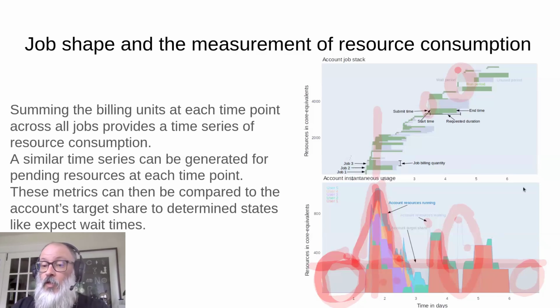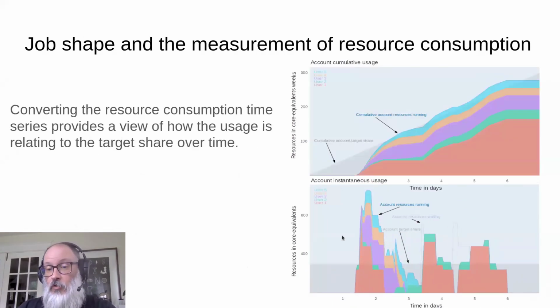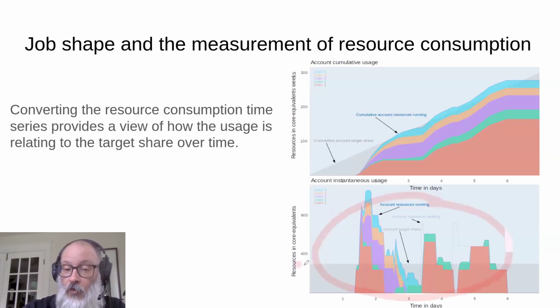So the next view is basically what we use to determine an expected or an unexpected wait time: we calculate the cumulative sum and then we display it. So this is the figure that we were looking at before. We have the target share and then we have the actual usage.